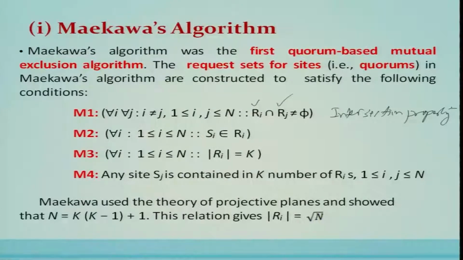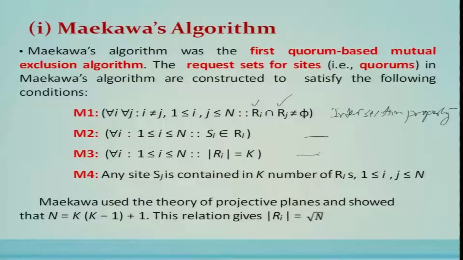Now, another condition says that every site is a member of its own request set. Another property says that the size of the request set is K, and M4 says that any site Sj is contained in K number of Ris.